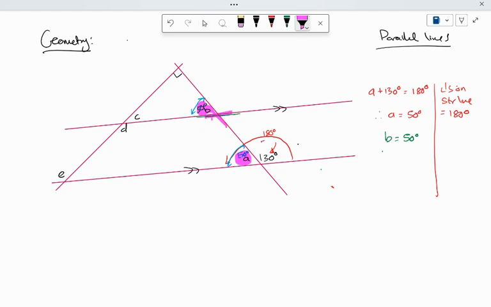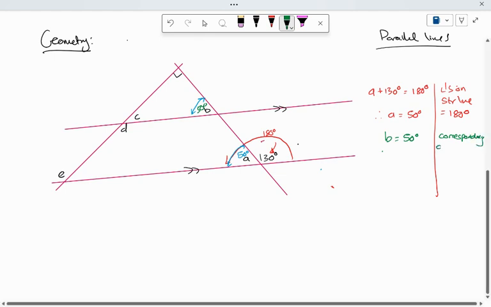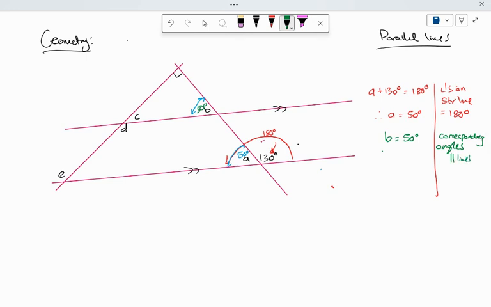You can see they're in the top left-hand side of the crossing of the lines, the crossroads of the lines. So B equals 50 degrees. You mustn't forget the reason. The reason is corresponding angles. And you can also state parallel lines because it doesn't exist unless there are parallel lines involved.